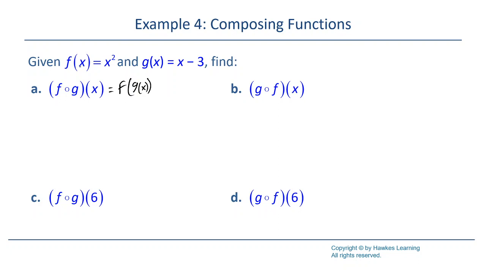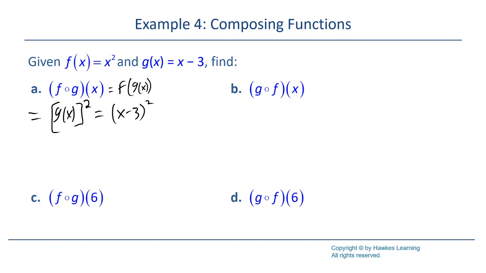If it was f of 5, you would plug in 5 for x and you would have 5 squared. So what this means is I've got g of x and I'm going to square all of it, which is going to give me x minus 3 squared. Now, if you want to expand it out, go for it, but I recommend just leaving it like this, and you'll see why in a second.